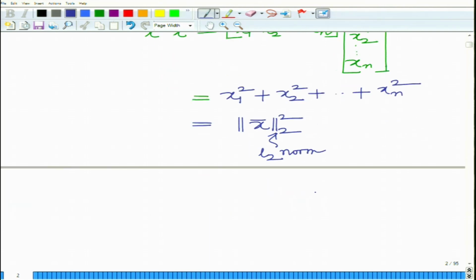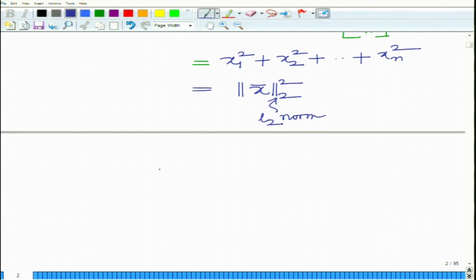Of the vector, norm of x bar, and this L2 norm is the default. This is the L2 norm, which is the default norm that we will use. So, if the norm is not specified explicitly, it indicates the L2 norm, right. And the L2 norm of a vector is something that you are already very familiar with, that is simply the length of a vector in n-dimensional space.